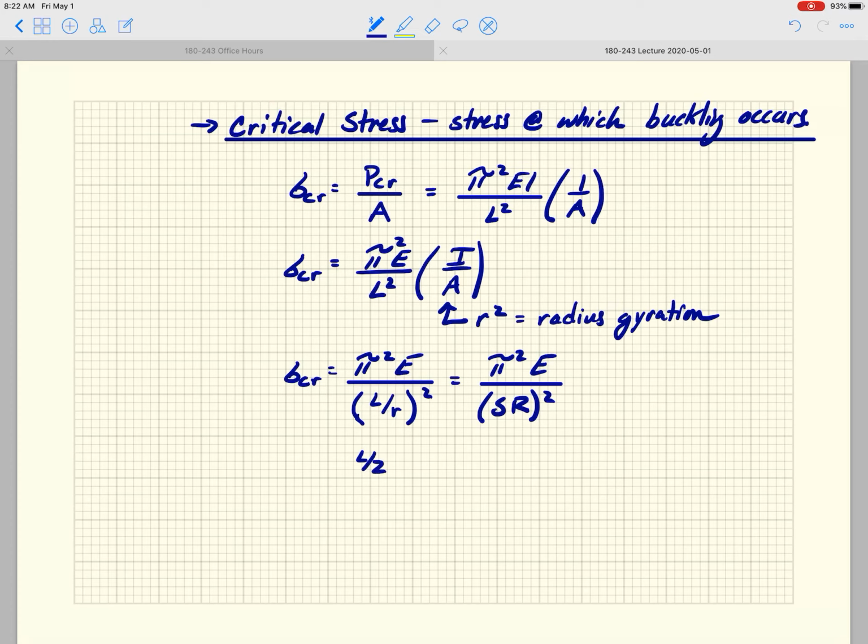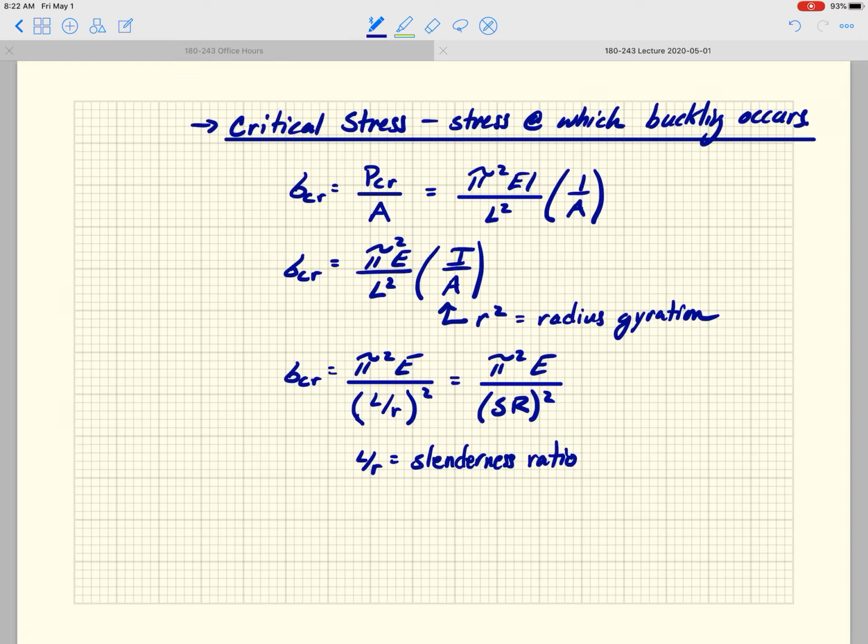So L over R is the slenderness ratio, and it is related.